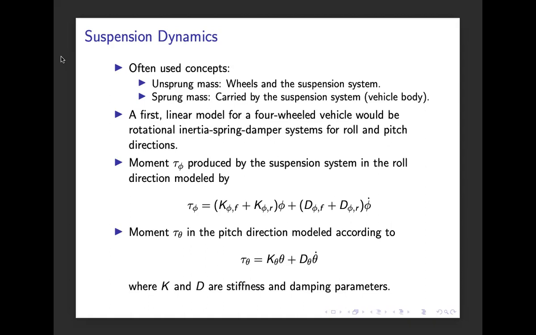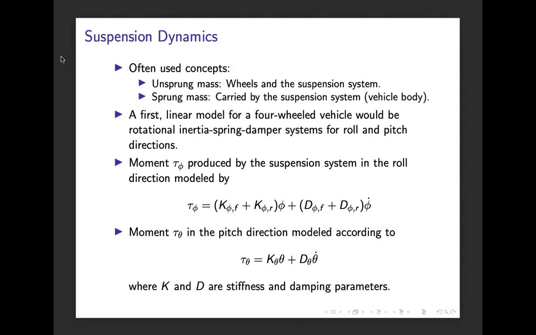For example, we can model the moment produced by the suspension system in the roll direction with an expression similar to this: a stiffness that depends on the roll angle, and a corresponding damping term that depends on the roll velocity.